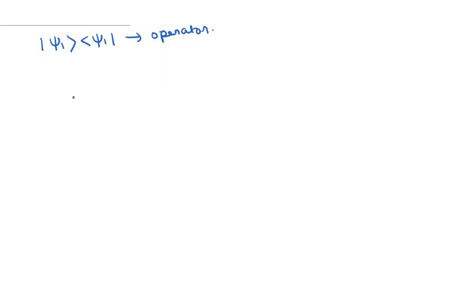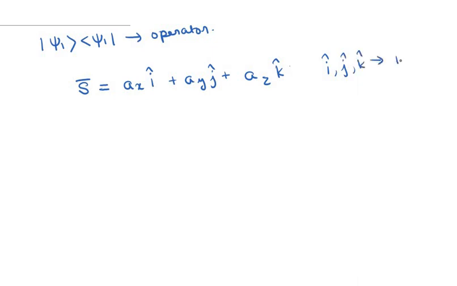We are not talking about eigenfunctions or wave functions now, we are talking about a vector in real space, and let us take a vector S which is equal to ax i cap plus ay j cap plus az k cap. Now i, j and k are the basis vectors here, so they form the basis in space.